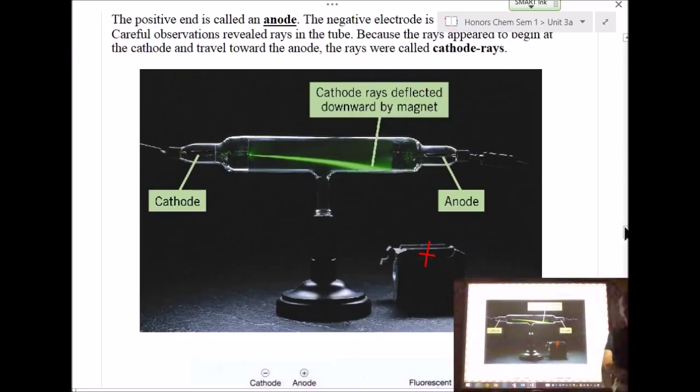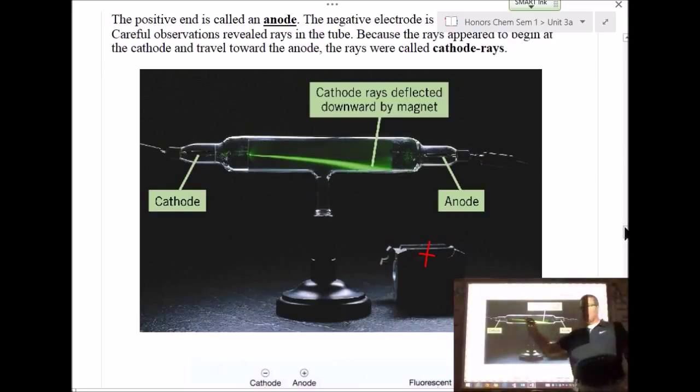All right, so if I had normal light and I brought a magnet up to my normal flashlight that was shining light out onto you, and I brought a magnet nearby, what's going to happen? Nothing, because our normal light doesn't have any charge. Photons have no charge.